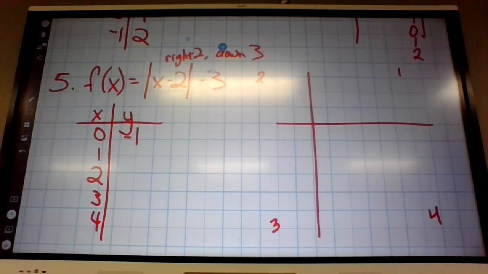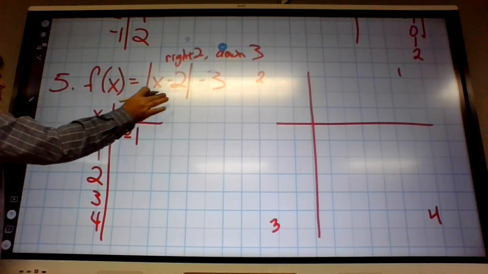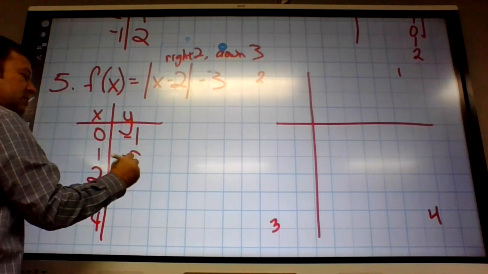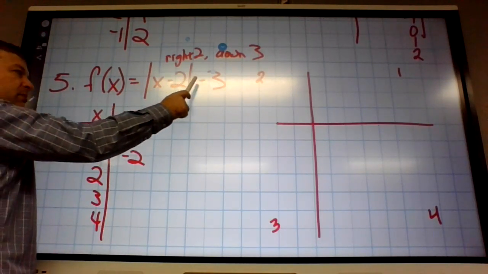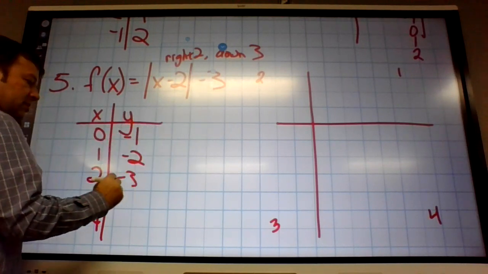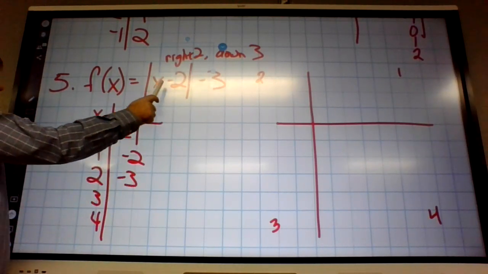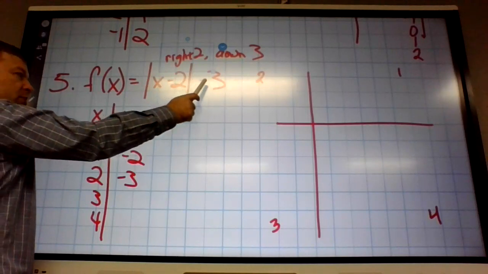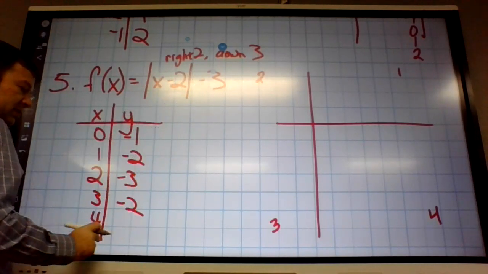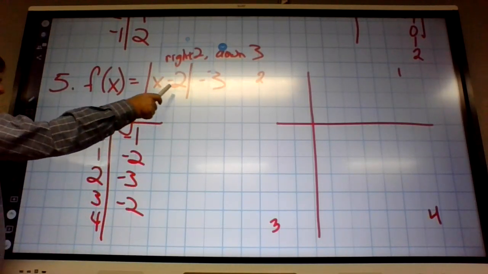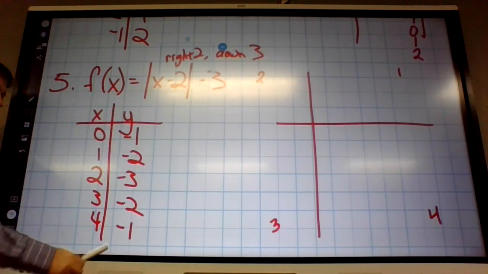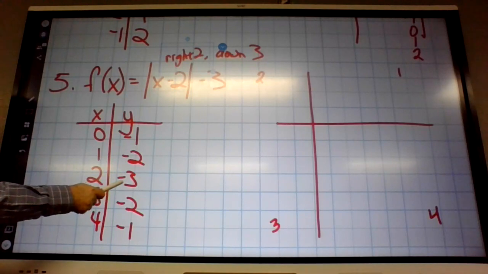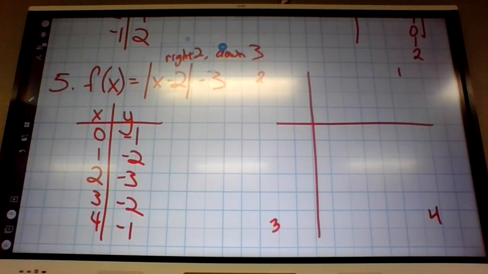If I plug in 1, 1 minus 2 is -1. Absolute value 1 minus 3. If I plug in 2, 2 minus 2 is 0. Minus 3. 3 minus 2 is 1. 1 minus 3. And 4 minus 2 is 2, minus 3. So it's getting at the low point at 2 and then starts bouncing up again.